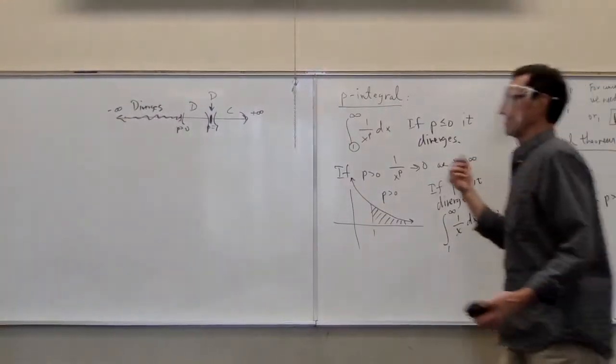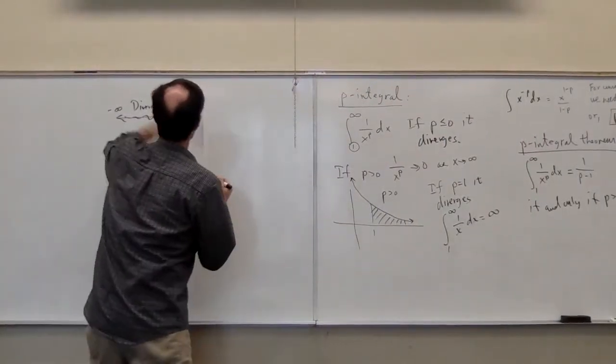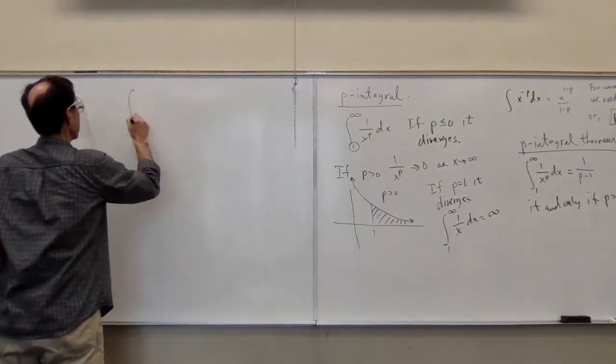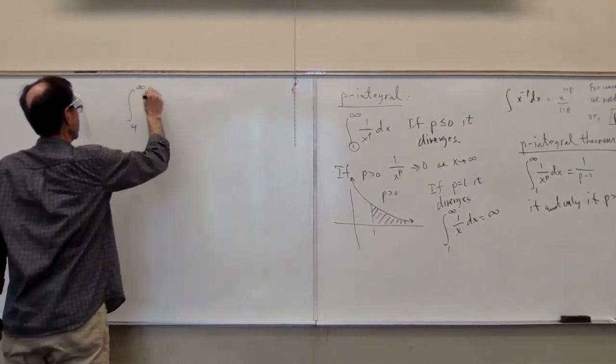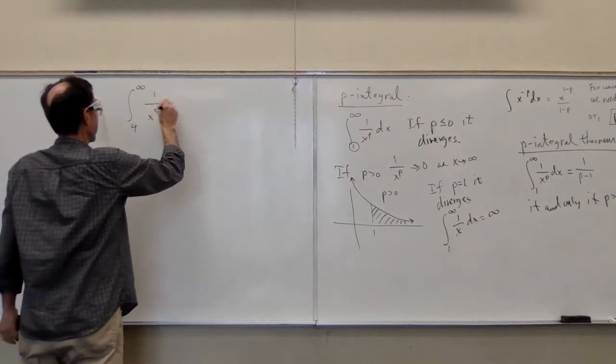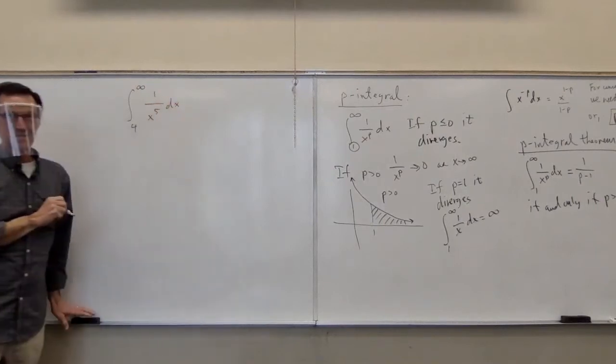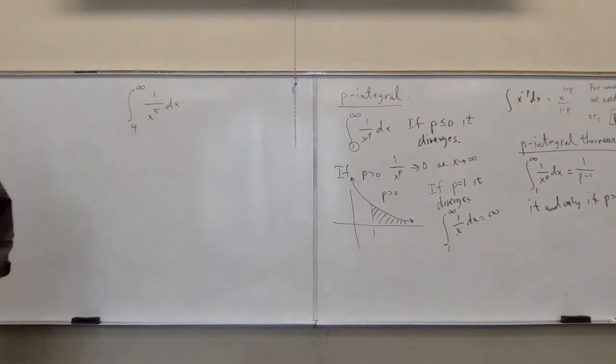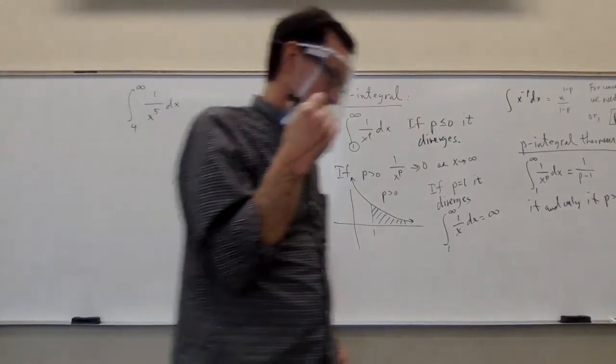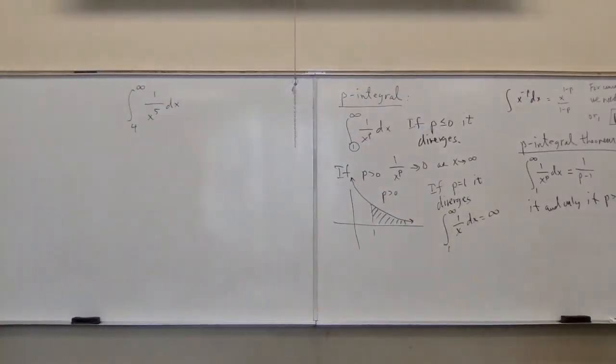What about this one? The integral from 4 to infinity, 1 over x to the 5th. I changed the bottom limit from 1 to 4. Is that going to affect whether it converges or not? It is not.